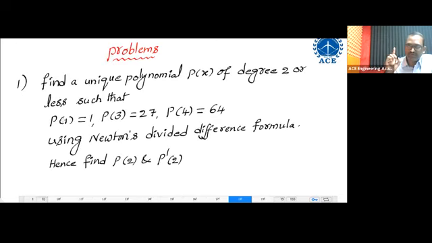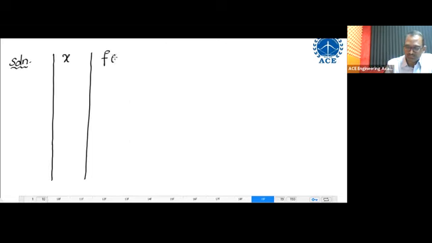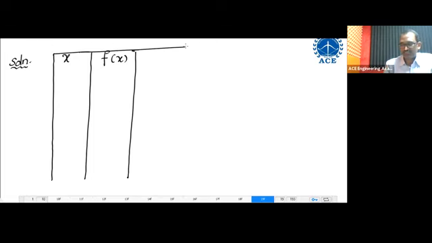Draw the table. X values, next to P of x. P of x means y only, or f of x only. P of x values means f of x values or simply y values. This is a first order divided difference.